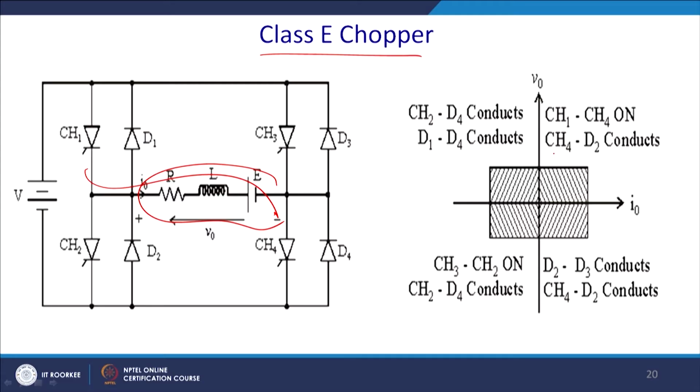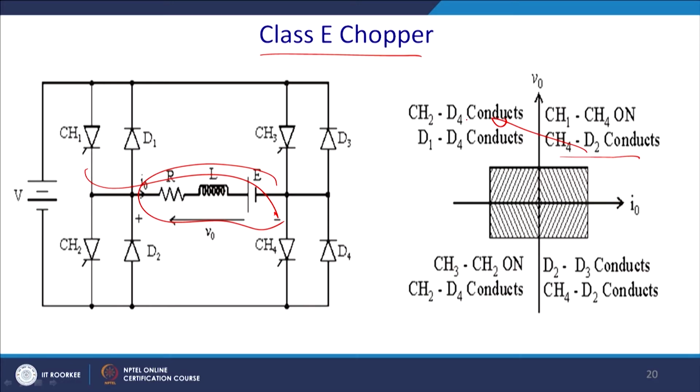CH2 and DS2 conduct. So, when it is regenerative braking, then this nomenclature will have an interchange, that is, CH2 and D4 will conduct.